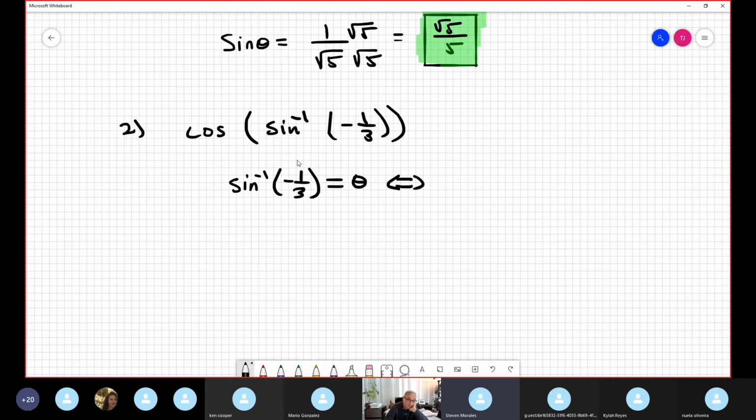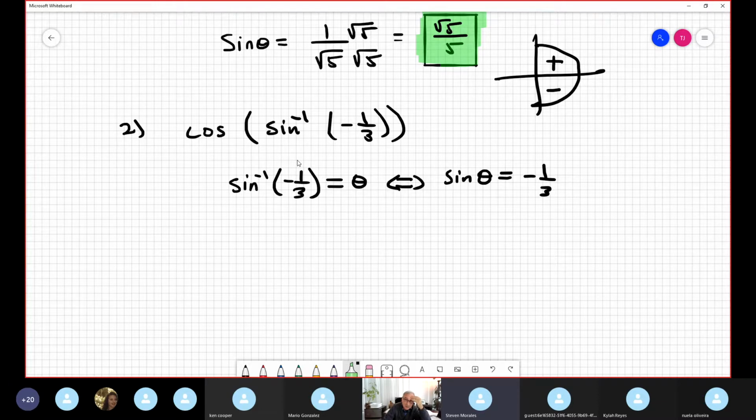This is equivalent to sine theta equals negative 1/3. Yeah, I remember that the professor explained sine inverse working like that. It's positive in the first quadrant, but it's negative in the fourth quadrant. Now the angle I need to find is in the fourth quadrant. Look, this guy is in the fourth quadrant, because the clue is this negative.